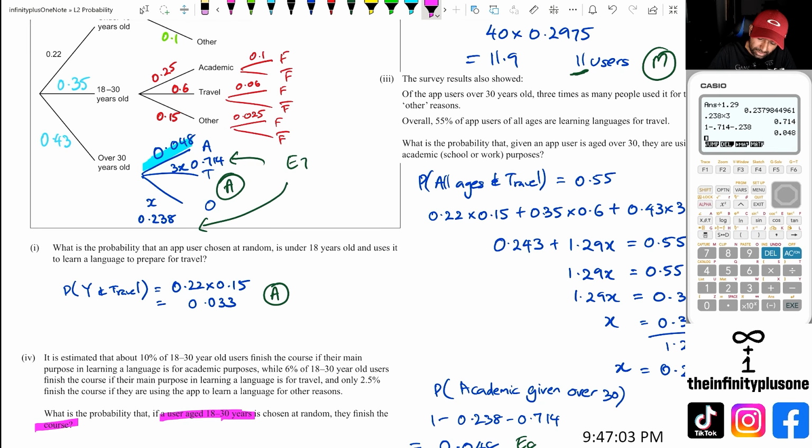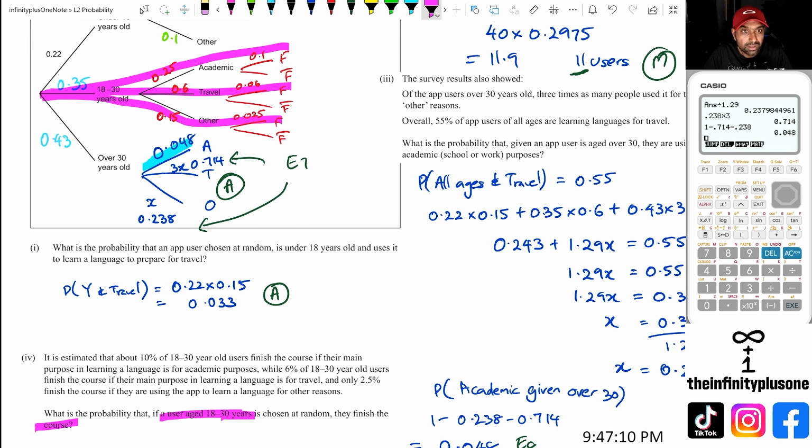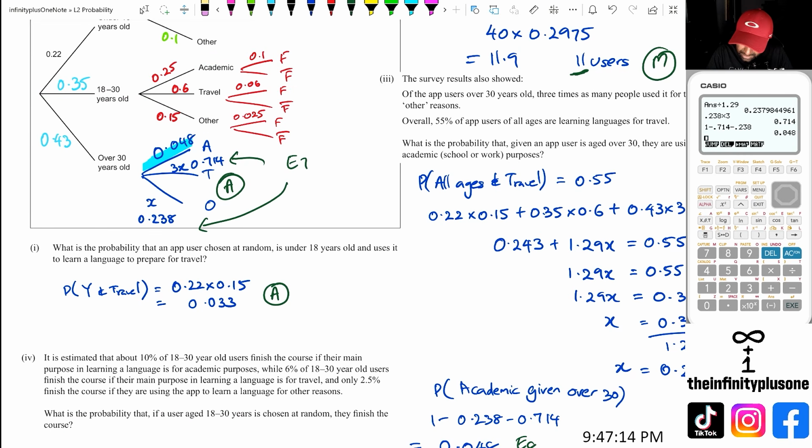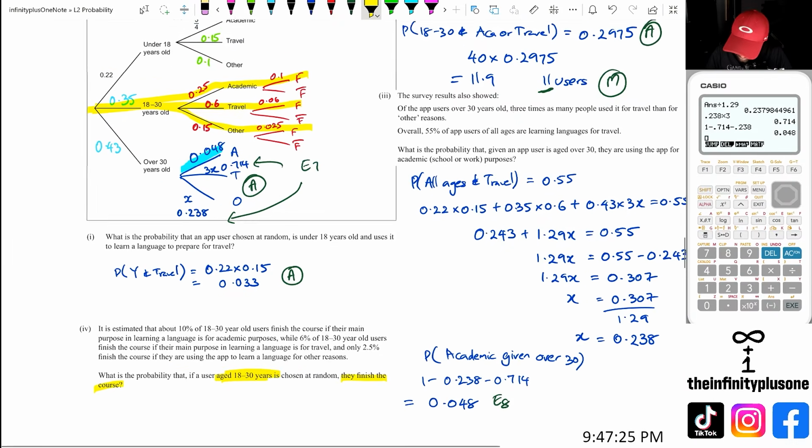So we're basically looking at this branch, and this branch. I probably shouldn't use pink, terrible color. Let's go with yellow in this case. So age 18 to 30, and they finish the course. So it's all the ones where the branches have been put down.